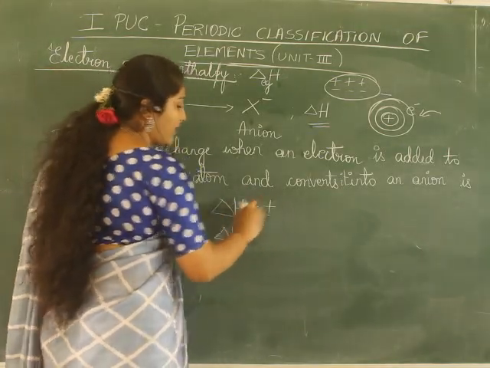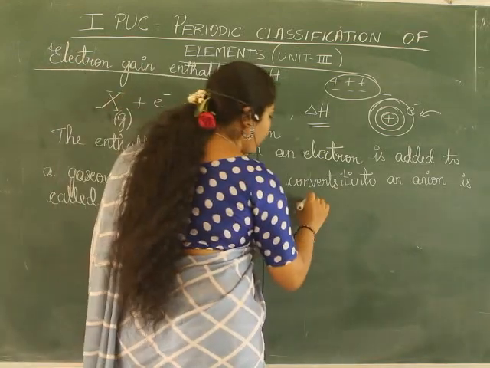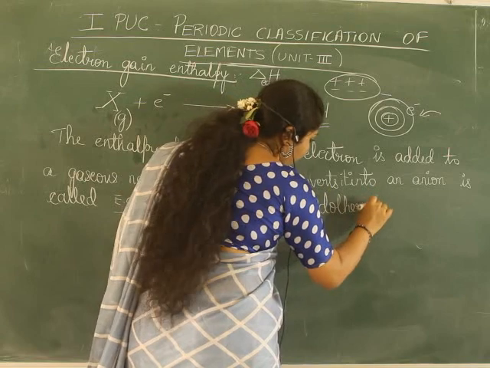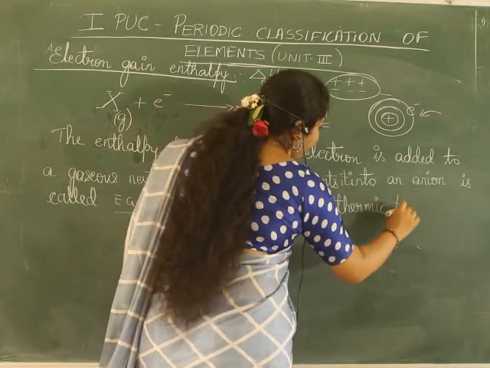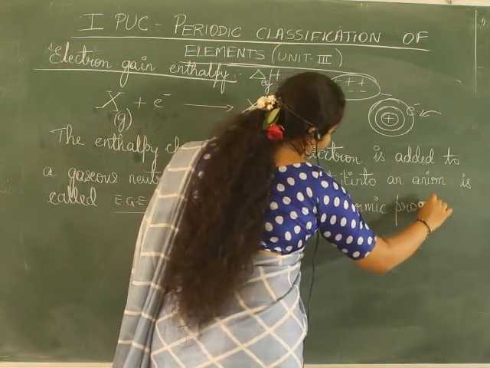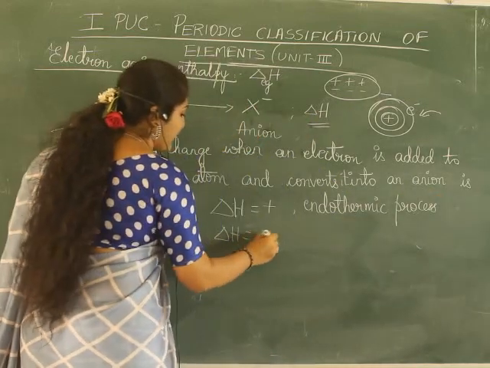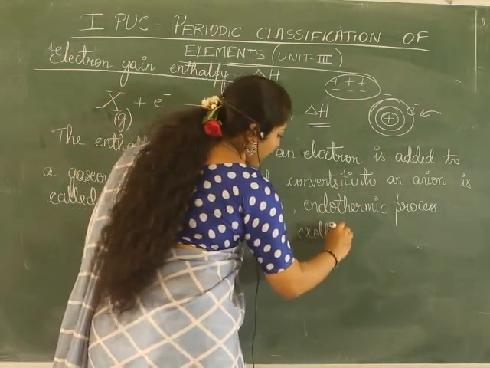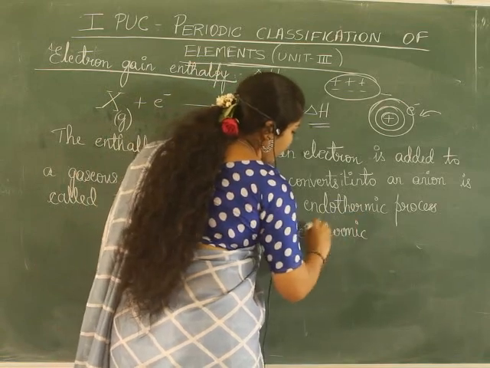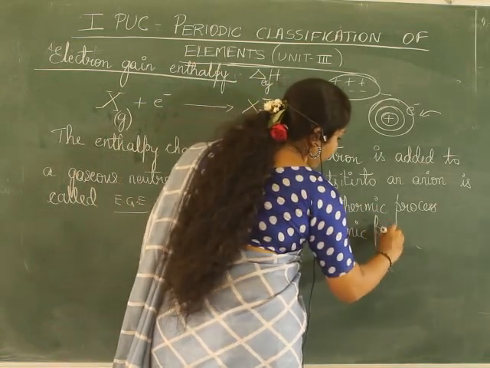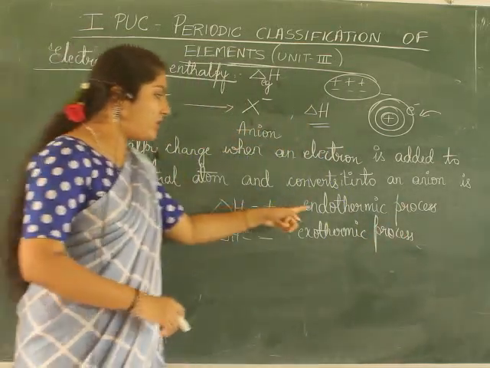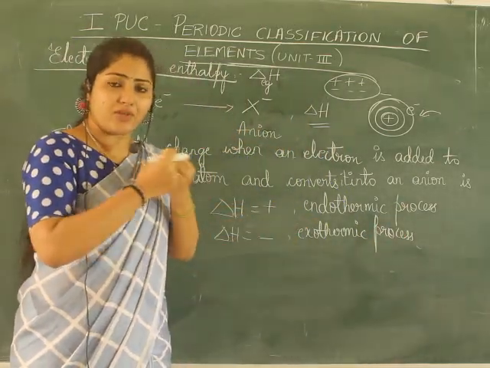If you do not know, delta H, we say it is positive if it is an endothermic process. We say delta H is negative if it is an exothermic process. Let me make it clear what is an endothermic and exothermic process. Endothermic means heat is absorbed.